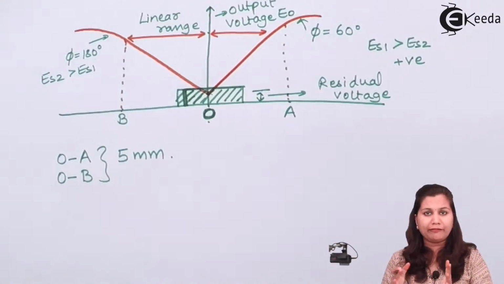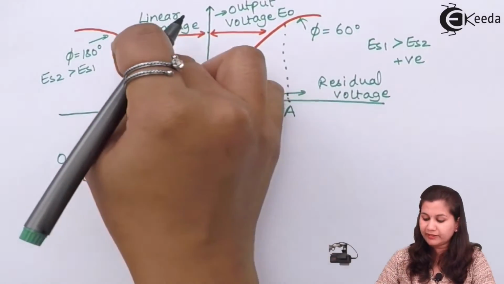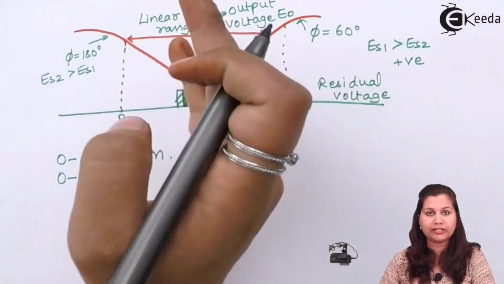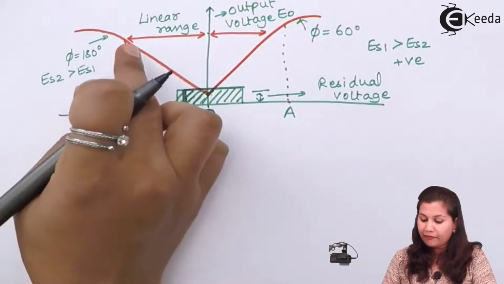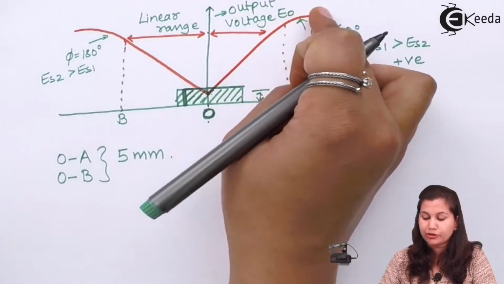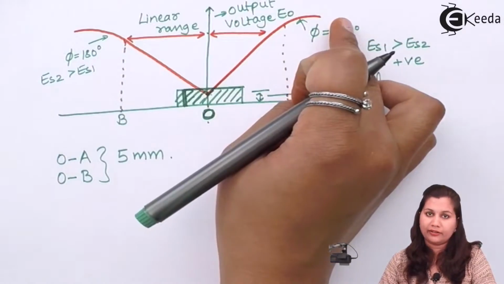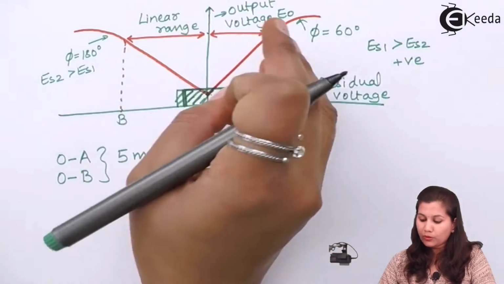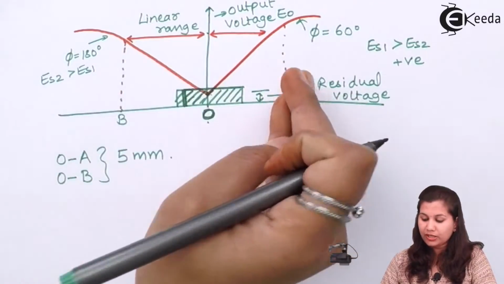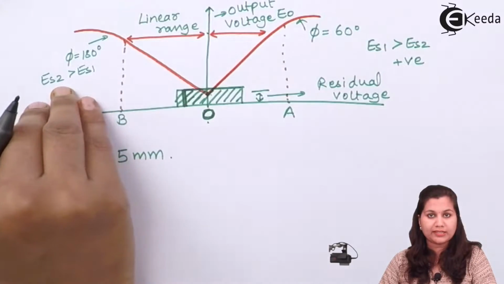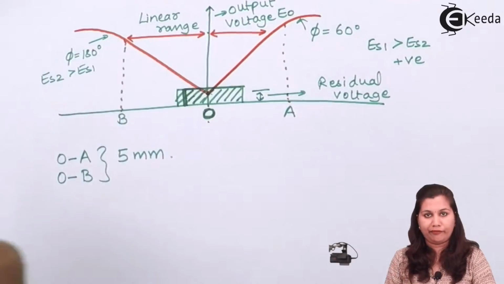That is, within the 5 mm range, we get a linear relationship between the output voltage and the displacement. After that, you can see that the relationship is non-linear, and the phase is also changing. Here we are getting an out of phase signal, and here we are getting an in phase signal.